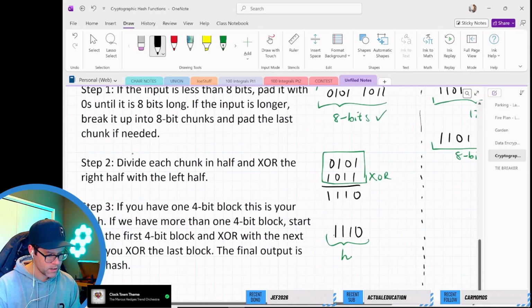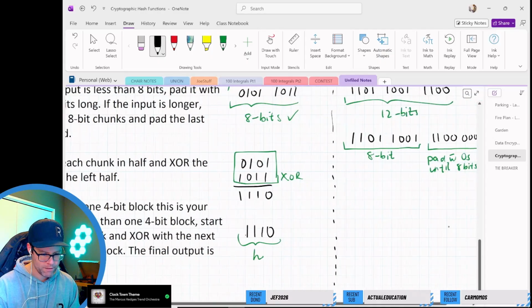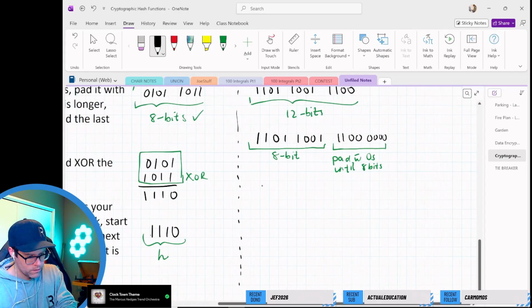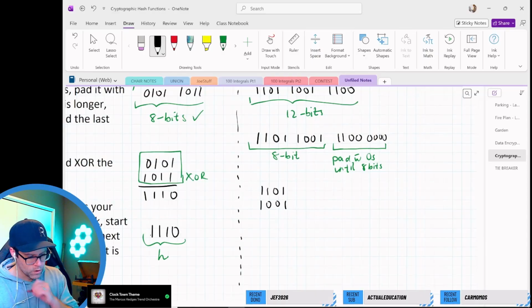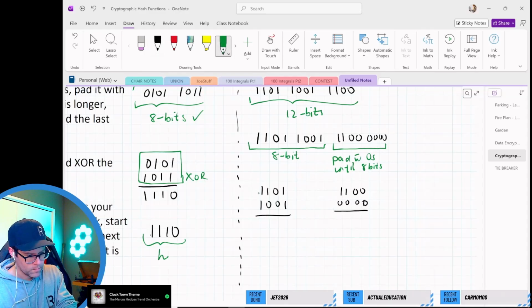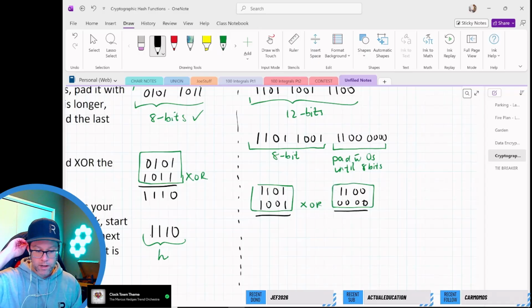So for step 2, it says divide each chunk in half and XOR the right half with the left half. So for our first 8-bit chunk, we'll do something like this, and for our second 8-bit chunk, we'll do something like this. And we will XOR each of these pairs of 4-bit chunks.